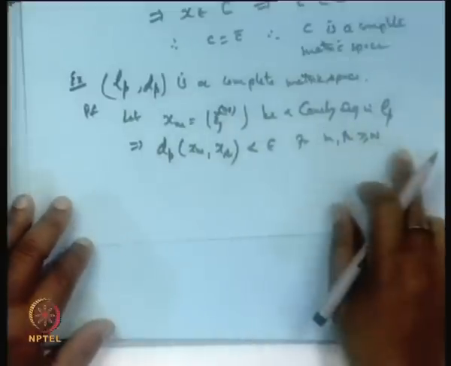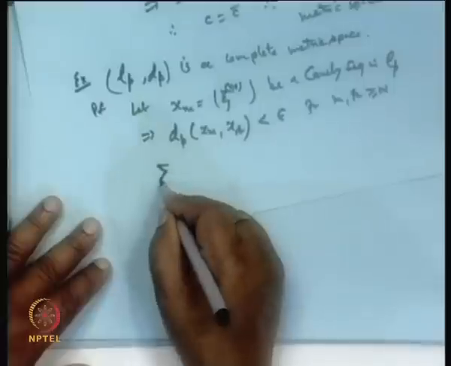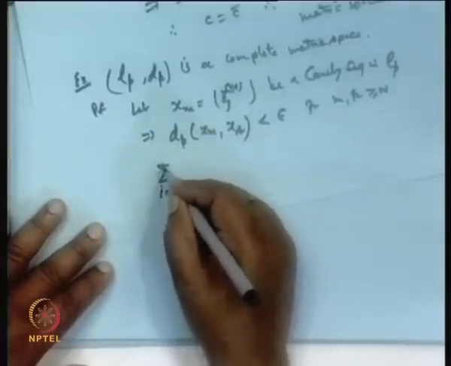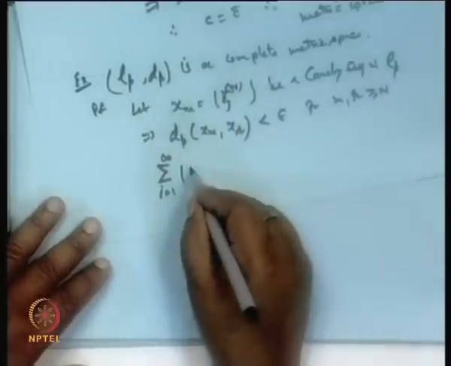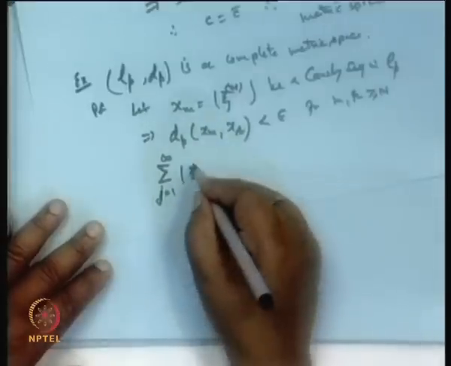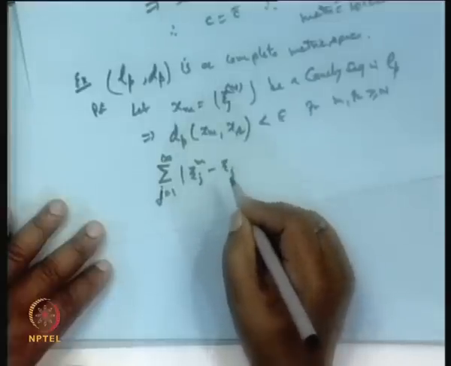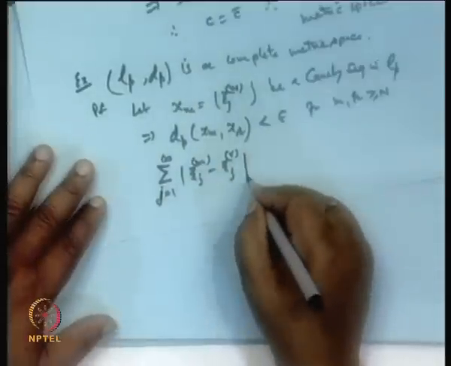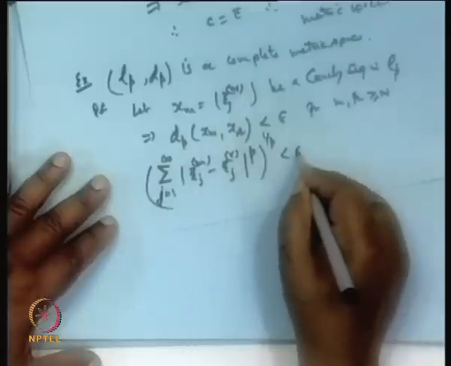Just for a given epsilon_r we can find this, but how is d_p defined? If you remember, d_p is the sum over j from 1 to infinity of mod of xi_j^m minus xi_j^r, to the power p, whole to the power 1 by p, which is less than epsilon_r.